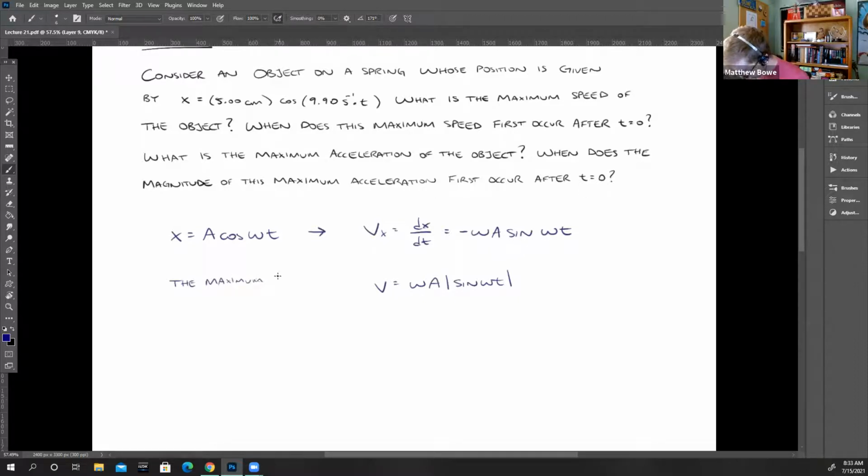The maximum speed v occurs when the absolute value of this angle, sine omega t, equals 1.